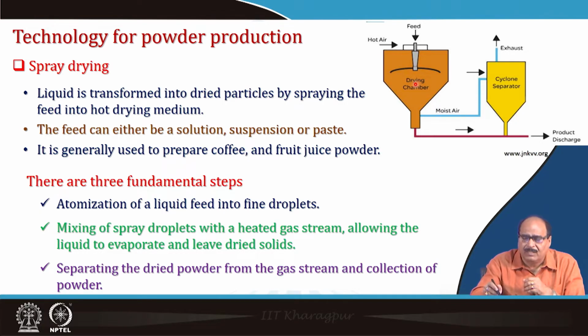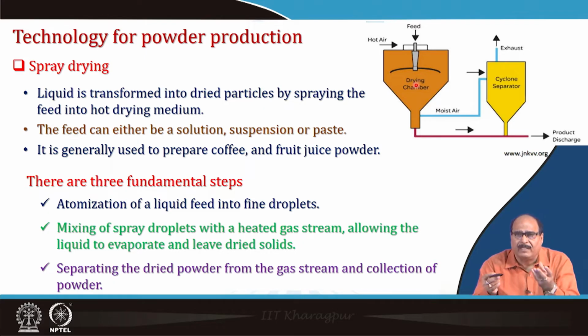In this chamber the fine droplets come in contact with the hot air and the material gets dried. Then the moist air, which has absorbed the moisture, goes through the cyclone, and the dried product is collected from the bottom of the spray dryer.